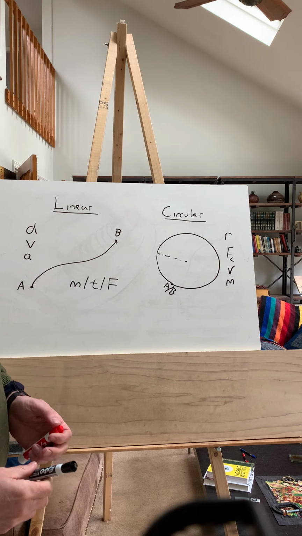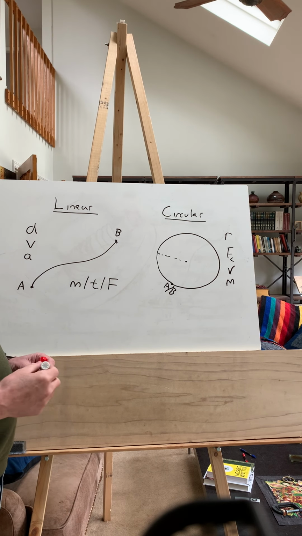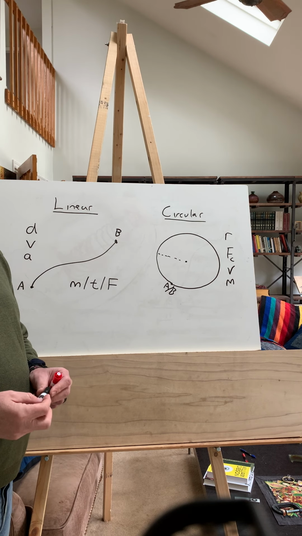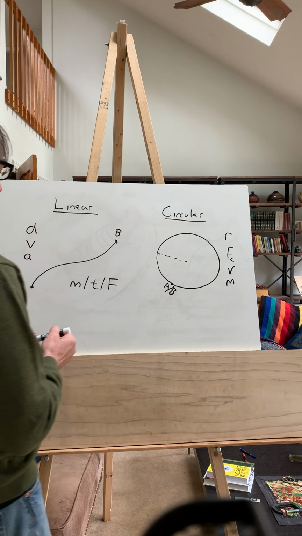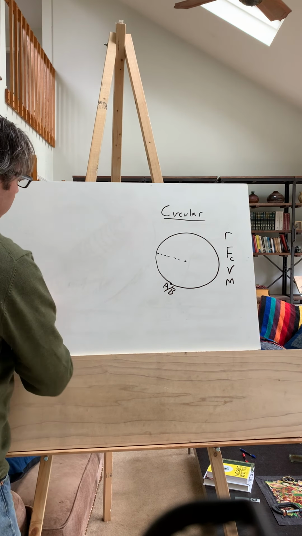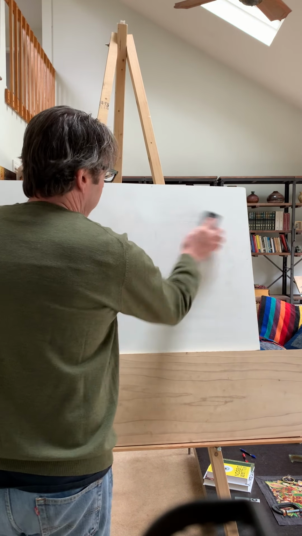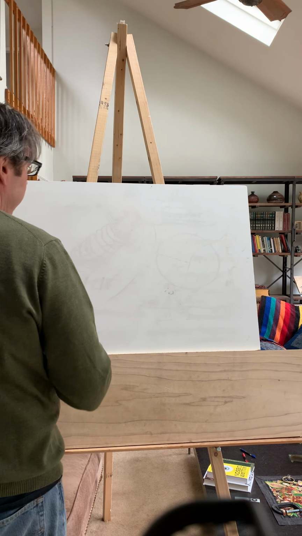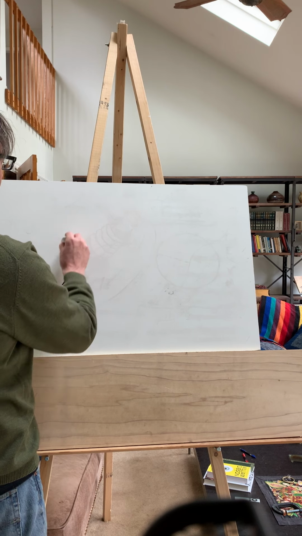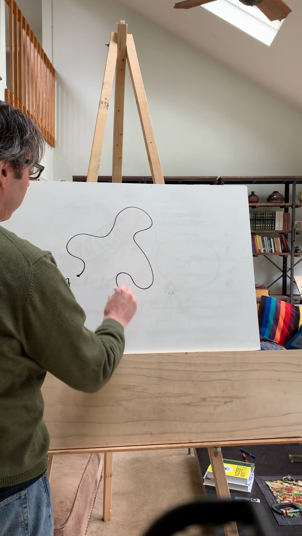So these are two types of motion. Now, the type of motion we're going to study today is called periodic motion, and that's motion that repeats itself over and over again. In other words, it goes through some kind of process of any particular complexity, starting at point A, going like this and whatever.